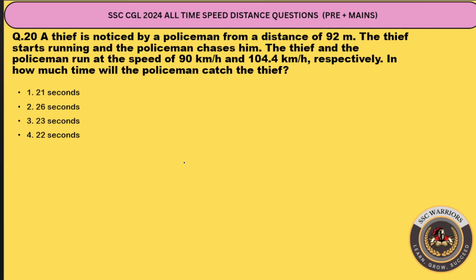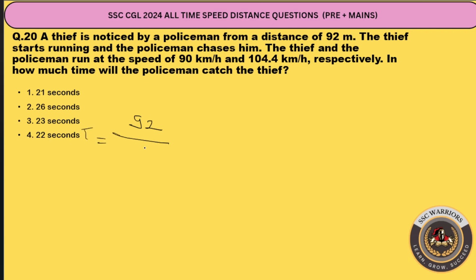Next, same type of question. Let's solve this. The thief is noticed by a policeman from a distance of 92 meters. The thief starts running and the policeman chases him. In how much time? Time is distance upon speed.